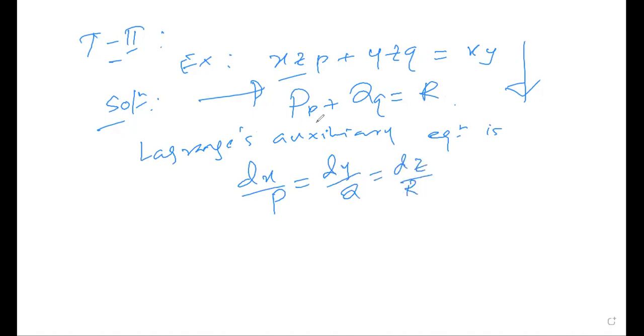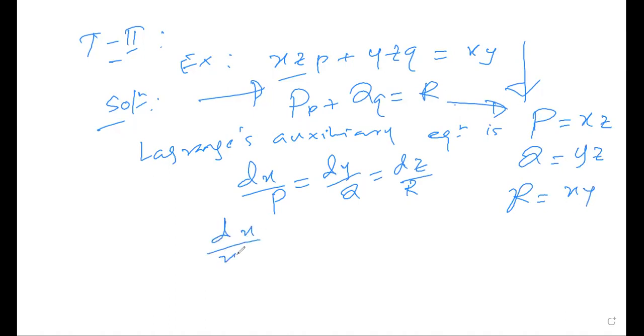So if you substitute whatever our P is, if you write separately, it will be very easy for you to substitute. Okay, P is equal to xz, Q is equal to yz, R is equal to xy. So just substitute: dx over xz, which is equal to dy over yz, which is equal to dz over xy.